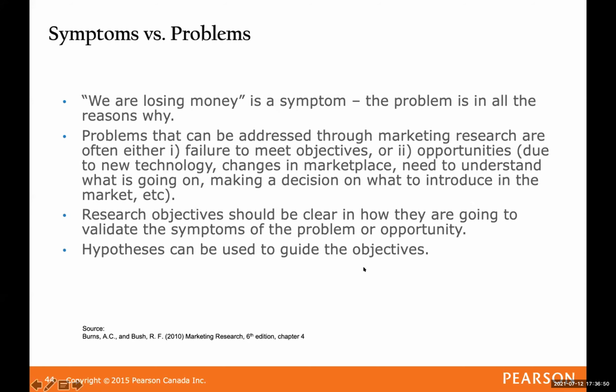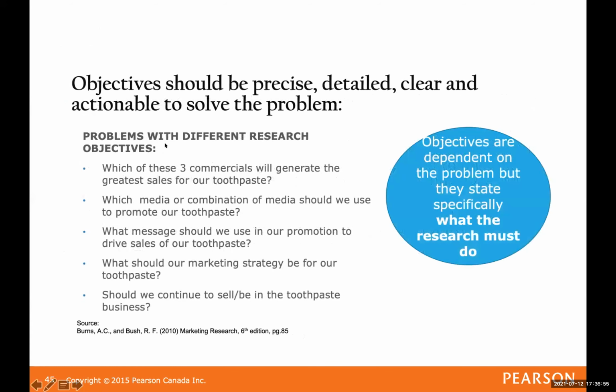I don't want to get too much into it at this moment. But as I said before, understanding research in marketing is important, especially if any of you intend to go into marketing as a professional. So objectives should be precise, detailed, clear, and actionable to solve the problem.